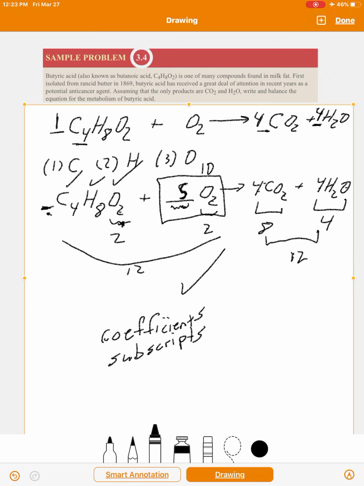It says in the reading, we don't change the subscripts, because if you change the subscripts, that changes the chemical nature of the substance. For example, O2 is called molecular oxygen. That's what we need to breathe, and that's what plants produce due to their processes, photosynthesis. O3, if you change the subscript, that changes it to O3. That's called ozone, and this is a poison.